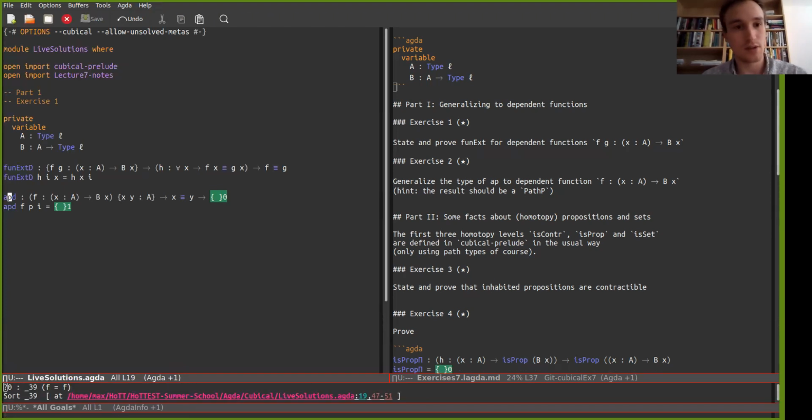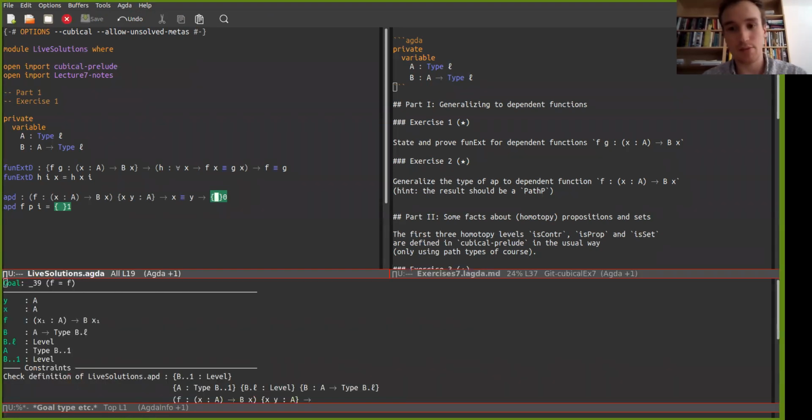Okay, so here we have to provide a type, and yeah, there's a hint saying it should be a path P. So maybe if you have suggestions in the chat, now's the time to write what should go there.